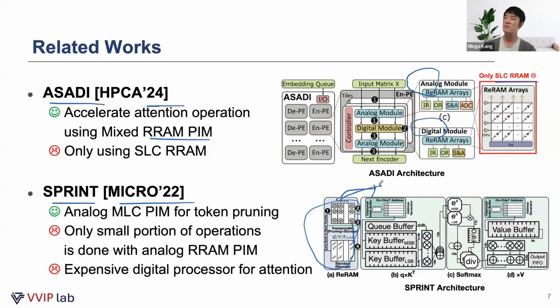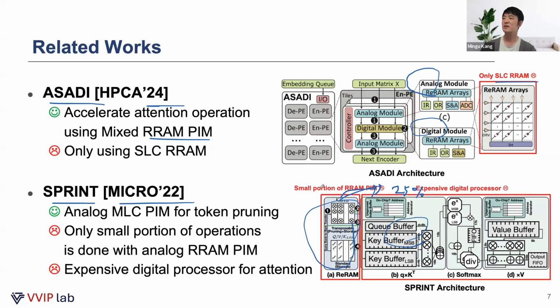And then only the very important 25% of tokens are read and delivered to the digital processor. So that was the main idea. But as you can see, the role of the analog RRAM is limited to the token pruning task for transformers. And also, even for 25%, we need to go through the expensive digital processor. So these are some limitations.